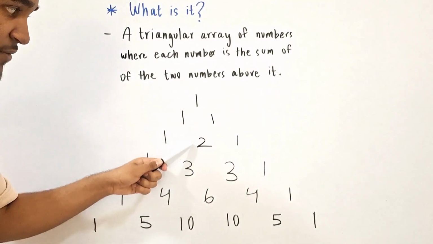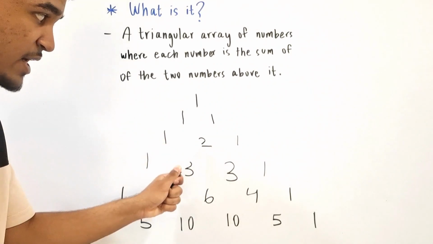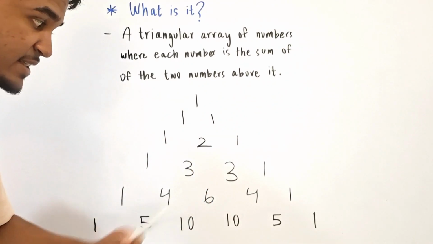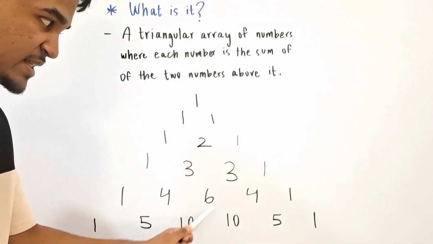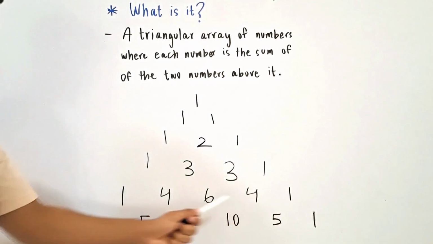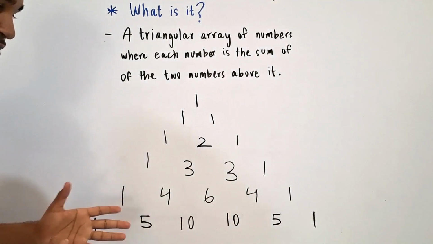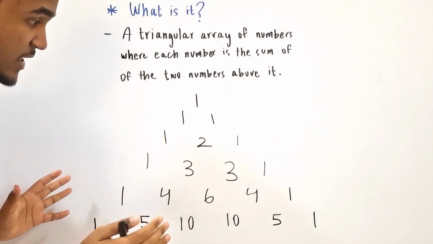So we got 2 because we added 1 with 1. We got 3 because we added 2 plus 1. We got 6 because we added 3 plus 3. We got 10 because we added 6 plus 4. Now you can see 4 plus 1 is 5, it's everywhere. So using this pattern, you can memorize how to draw the Pascal's triangle very easily.